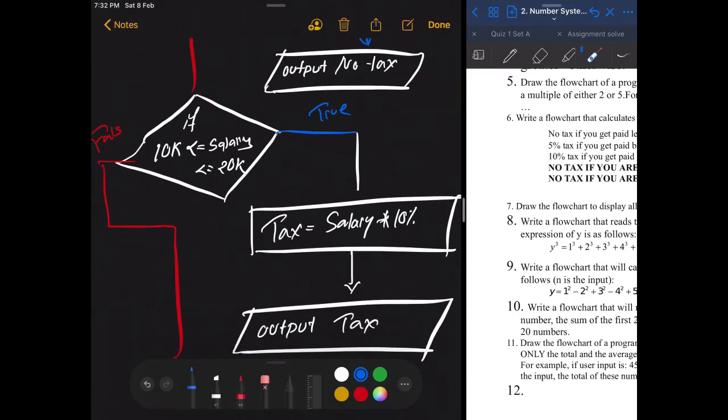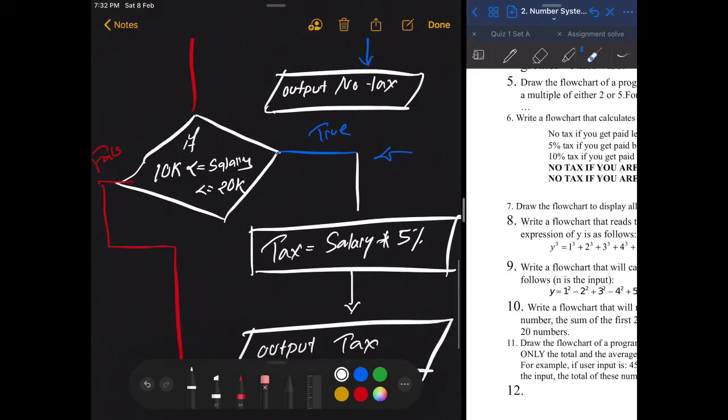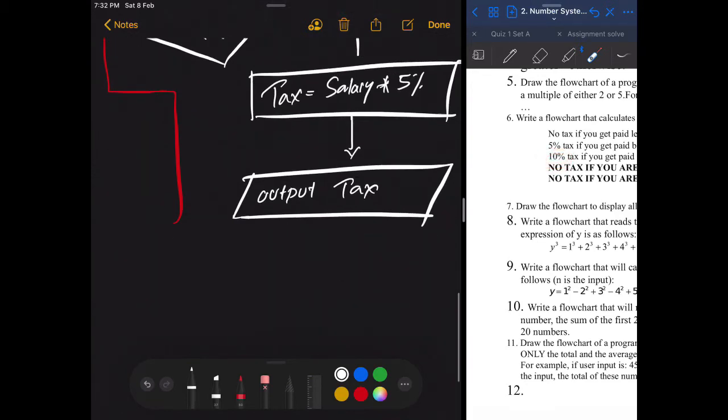And when his income is in the 10 to 20,000 range, then his tax would be 5% of his salary. So 5%. And if his income is not between 10 to 20,000, then definitely his income is above 20,000. So in that case, we are going to put 10% tax on his salary.